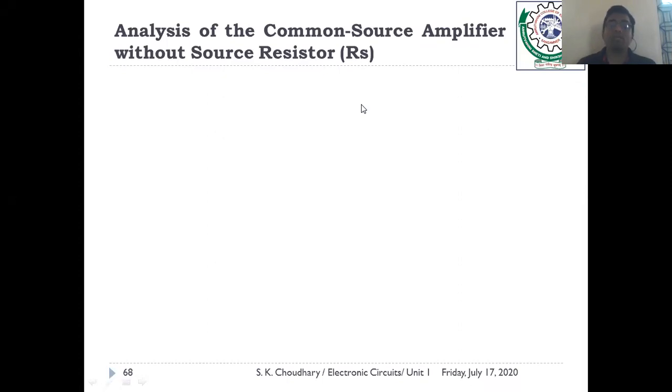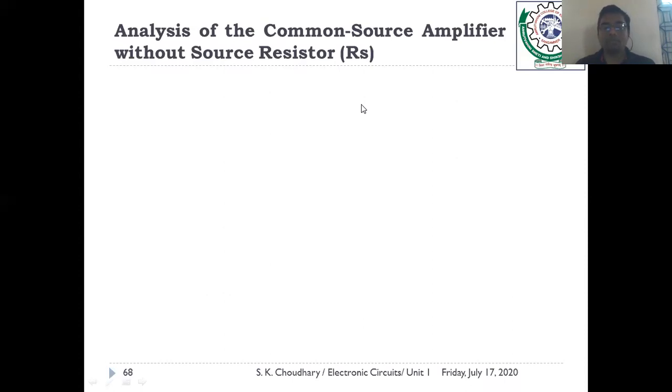Today we will learn the implementation of the small signal equivalent circuit of the MOSFET transistor in amplifiers. As per our syllabus, we will elaborate this concept with the configuration of common source amplifier.